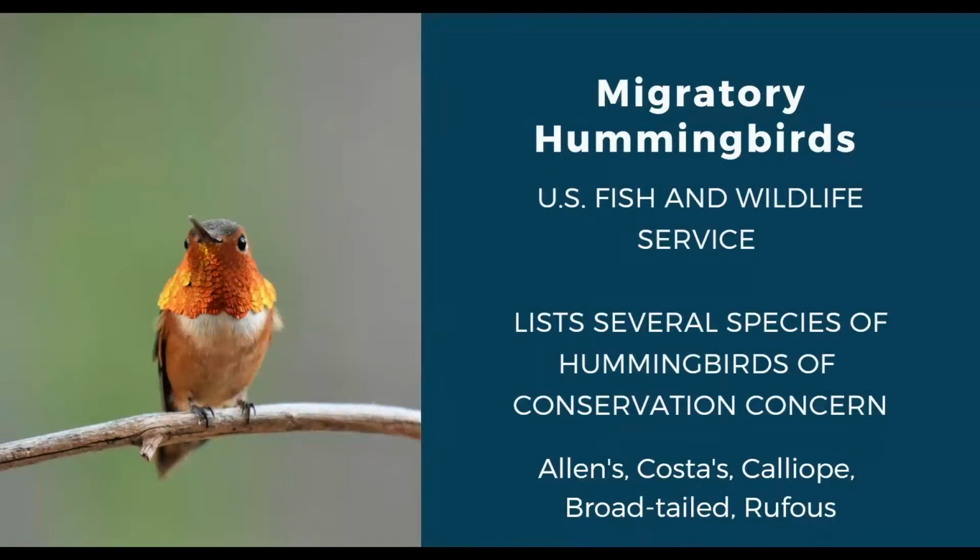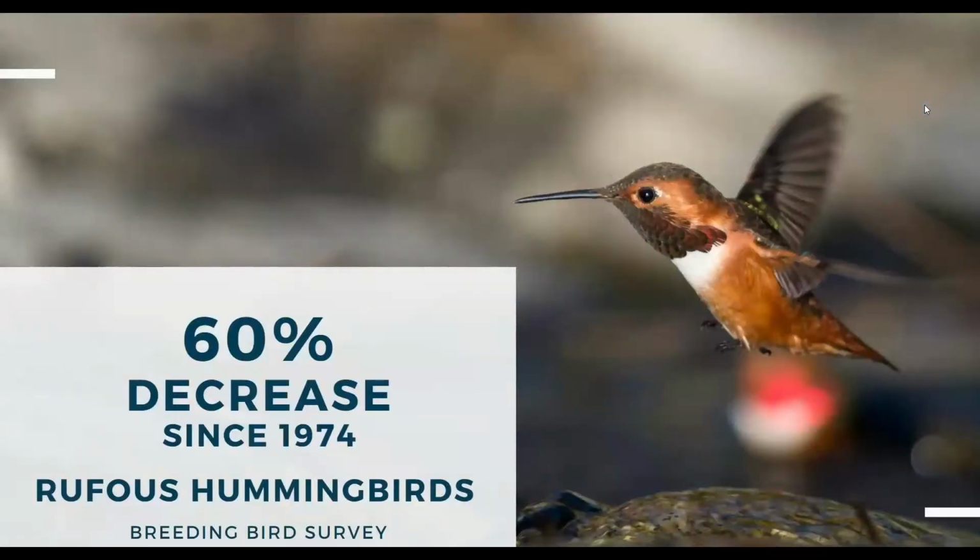The same could be said for the hummingbird. The Fish and Wildlife Service recently listed hummingbirds as a conservation concern, particularly Allen's, Costa's, Calliope, Broad-tailed, and Rufous. The Breeding Bird Survey found a 60% decrease since 1974 for Rufous hummingbirds.